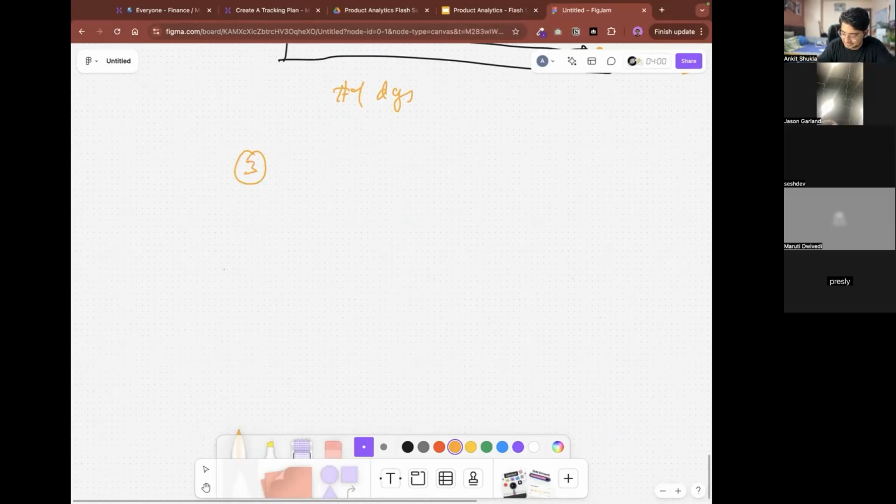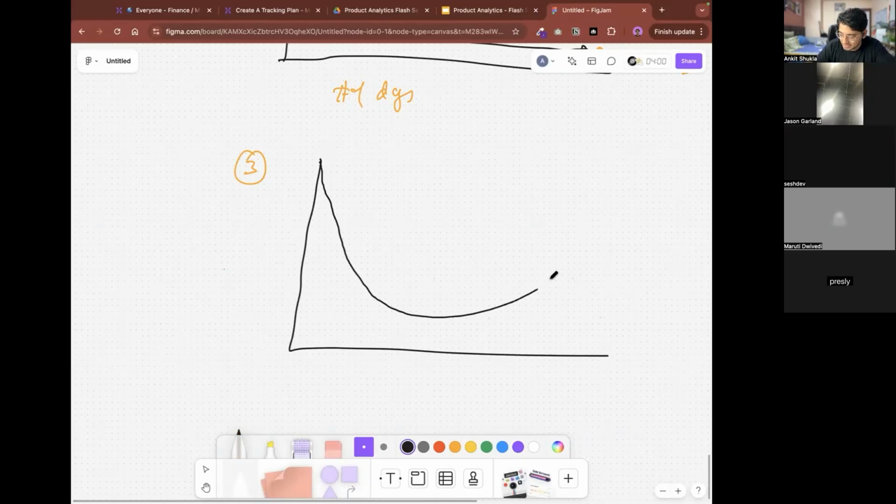The third graph is, okay. So can you guys tell me what is happening here? It's a U-shaped graph. Tell me what is happening here.